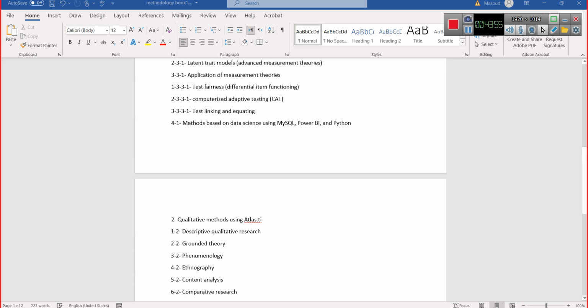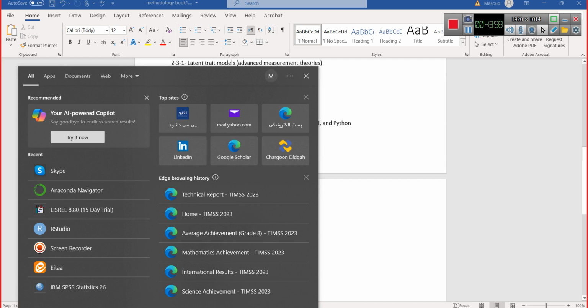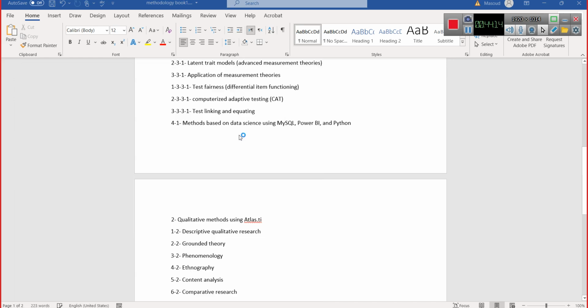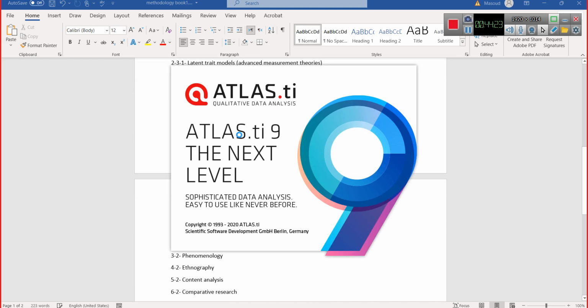We have also the qualitative research methods. There are different software available for doing the analysis, but I would rather recommend Atlas TI because it actually supports the Arabic and Persian fonts, and you can easily do the qualitative data analysis, and your qualitative research design may be any design.